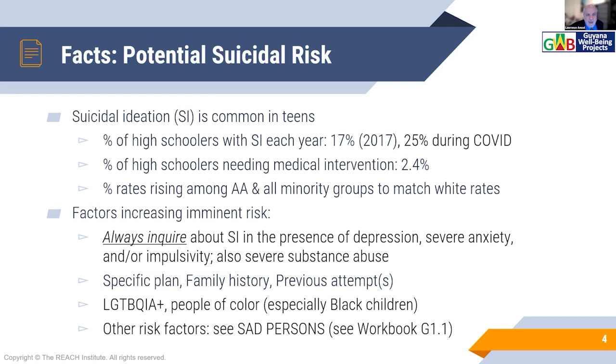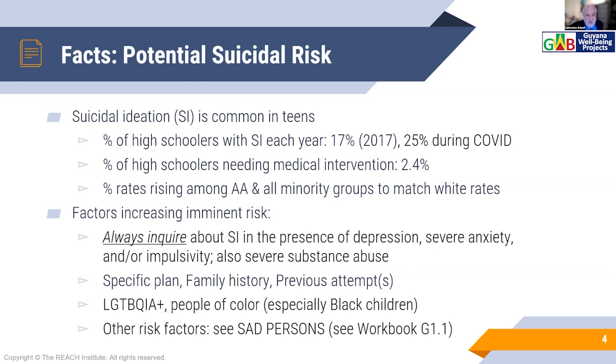You have to think in terms of how people make decisions in general. So you might wish to have a car, but you don't have any plan. Then when you're ready, you make a plan: oh, I'm going to go get this car. So once you start making a plan, that means it's much more serious. We know that from suicide research, but also from decision-making research. Interestingly enough, suicide also runs in families. There seem to be genetic components to it.